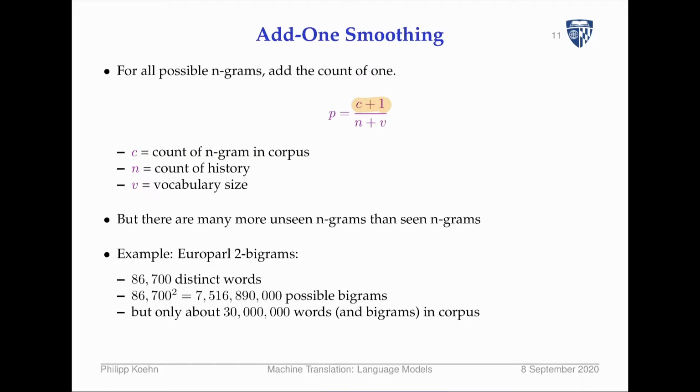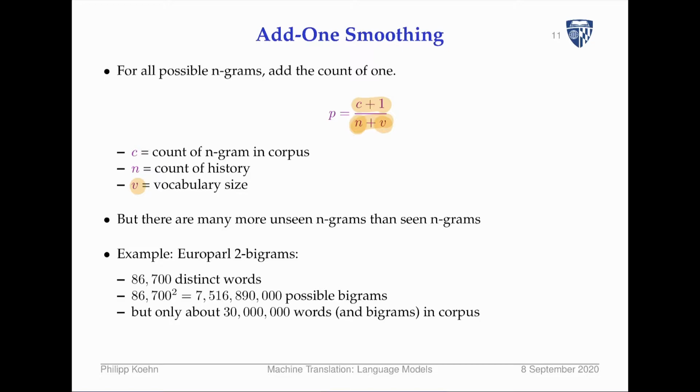Since we're adding 1 to every count we see, we also then have to increase the denominator here, and since we're counting for each vocabulary item, V is the vocabulary size. For each vocabulary item, we're adding one count. We're pretending we've seen it. This increases the denominator by the size of the vocabulary. So this is the count of the history plus the size of the vocabulary.